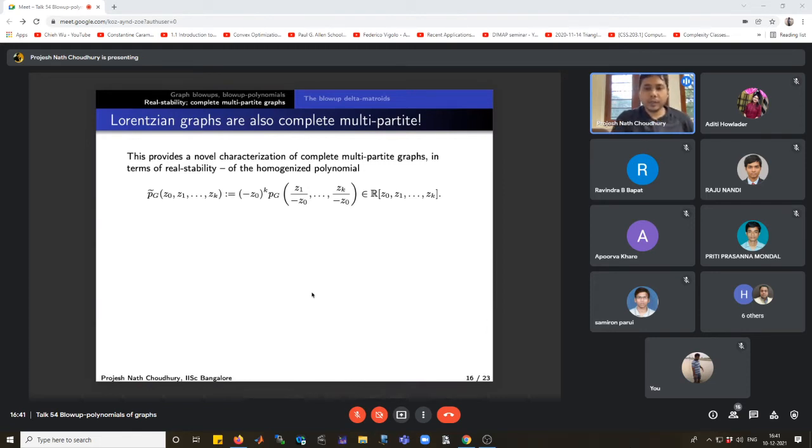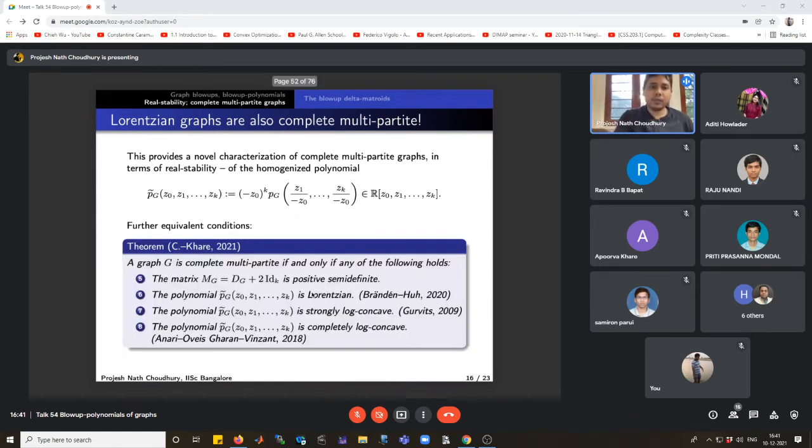In fact, it provides the same characterization in terms of the Lorentzian nature. And here are four other equivalent characterizations. A graph is a complete multipartite graph if and only if any of the four conditions hold.